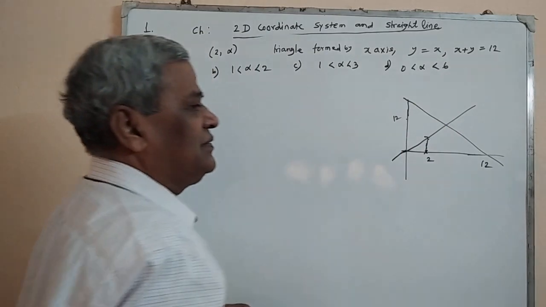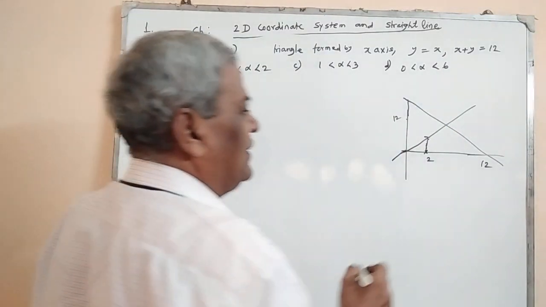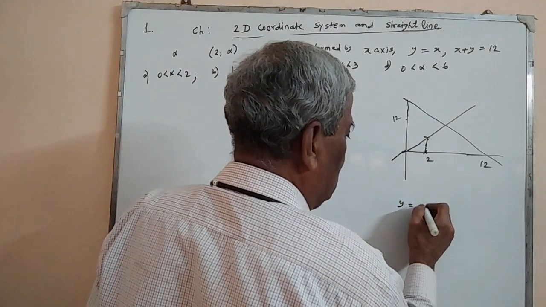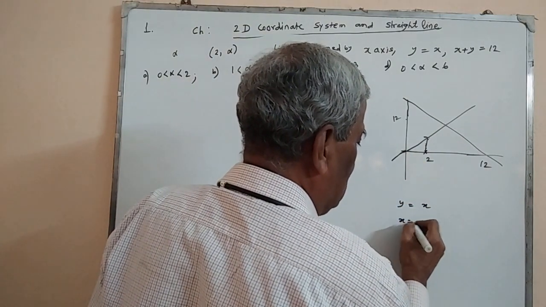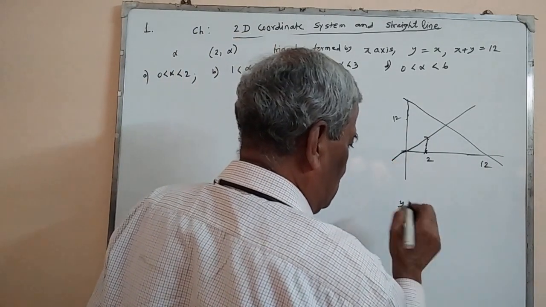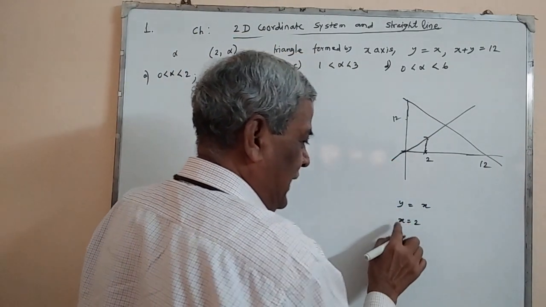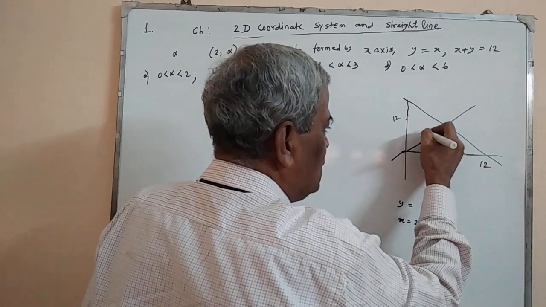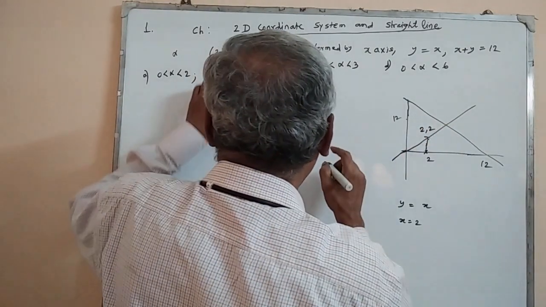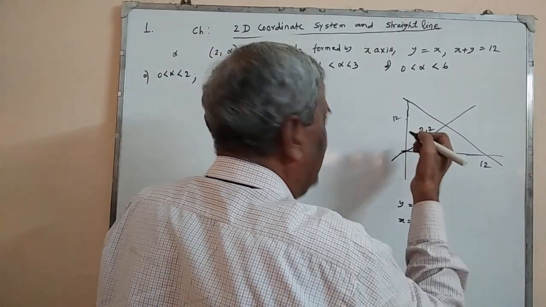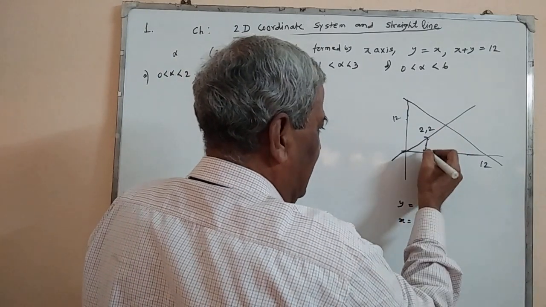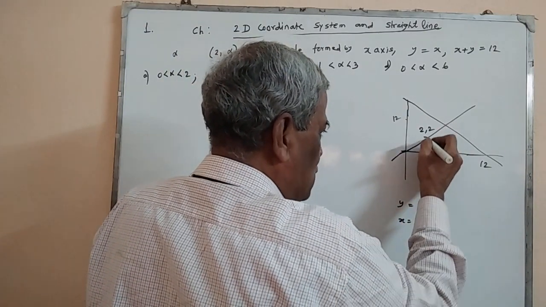Find this point. This point lies on the intersection of y is equal to x and x is equal to 2. X is equal to 2, then y is equal to 2, so that point is (2, 2). And this point will lie within the triangle provided it lies from this to that.